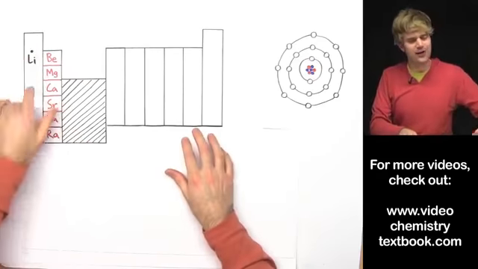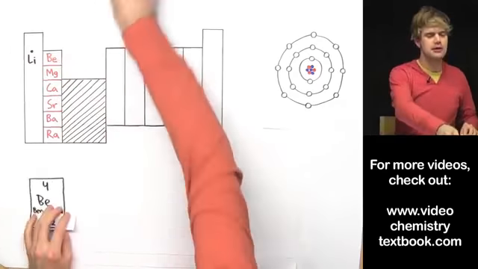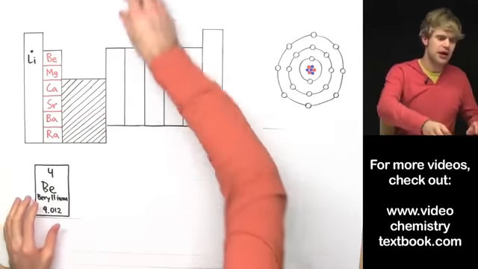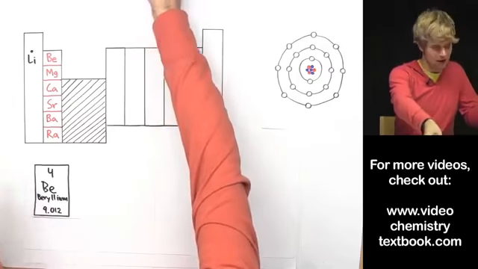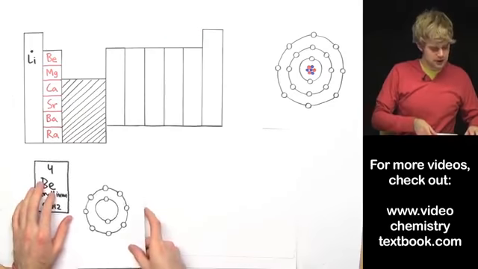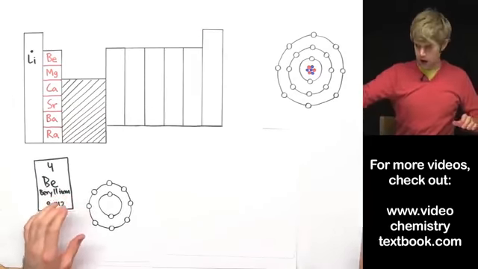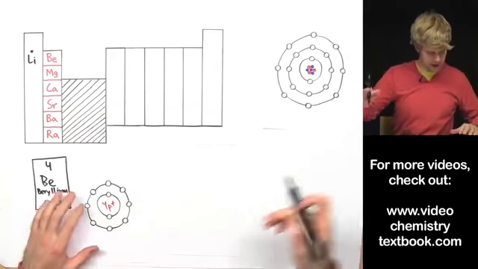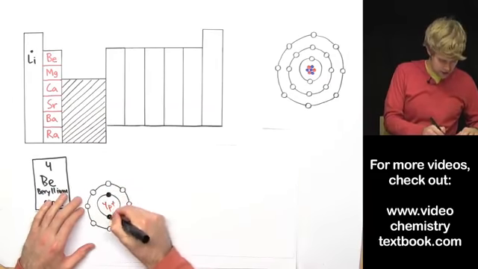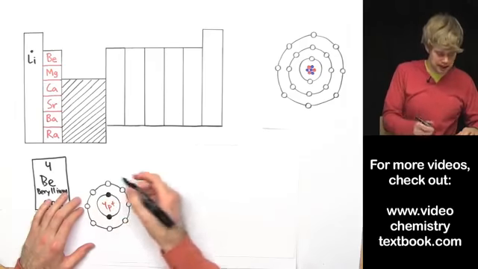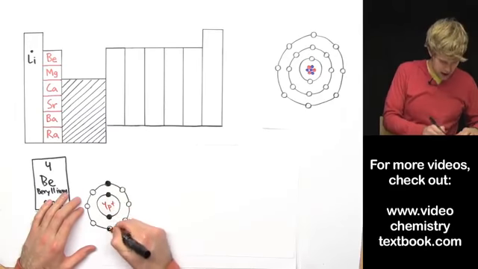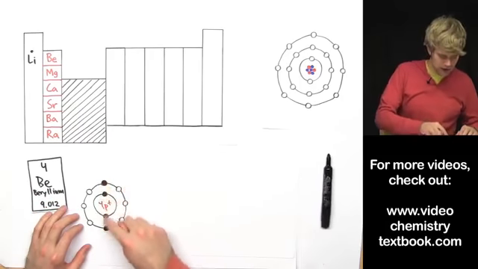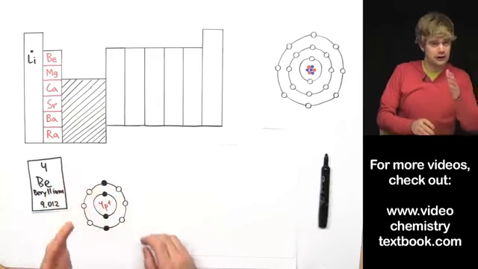So if everything here has 1 valence electron, let's take a look at this column, starting with beryllium. Beryllium has 4 protons. If it's electrically neutral, it's going to have 4 electrons as well. So let's look at how this fills in. We've got 4 protons here in the nucleus, and now we're going to go 1, 2 in the first energy level, and in the second energy level, 3, 4. So we've got 2 electrons in the outer energy level, and look at the way I filled them in.